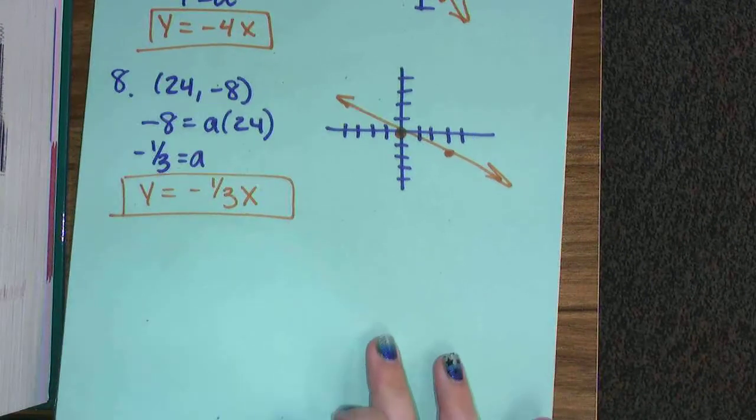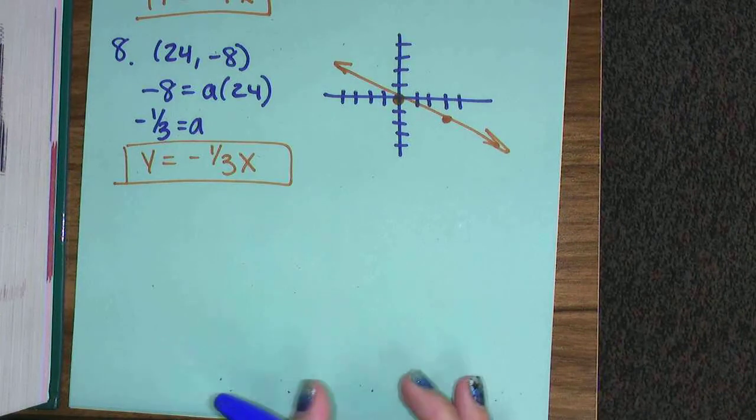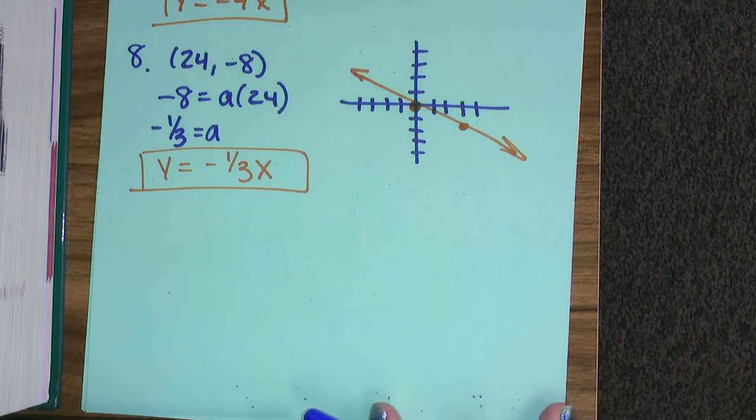Alright, so then the next set says the variables x and y vary directly. Write an equation that relates x and y, and then find y when x is equal to 12. Essentially we know already that they're going to vary directly, so we can just set up that equation.